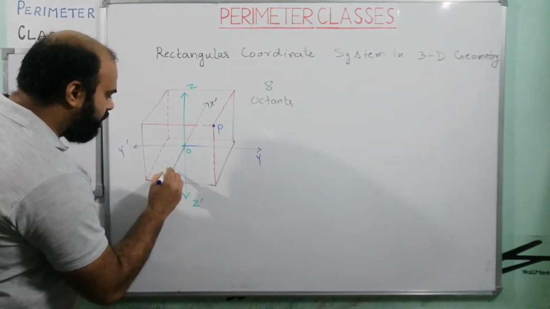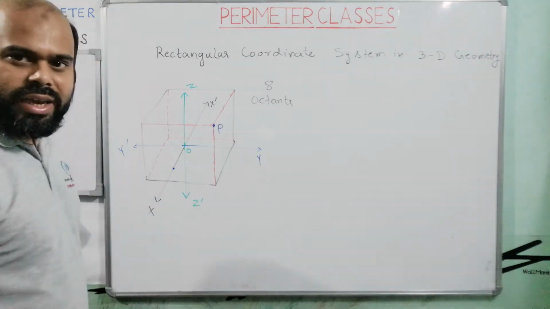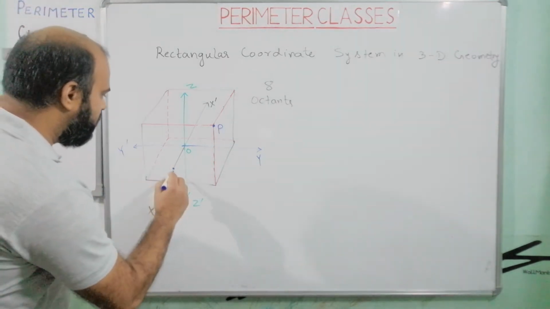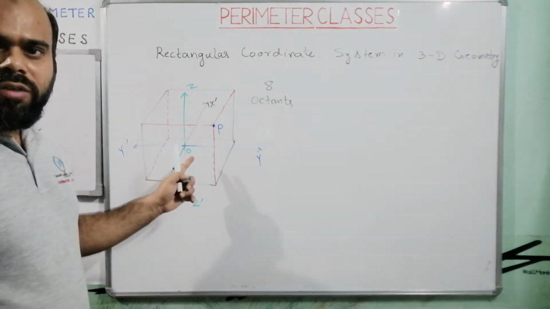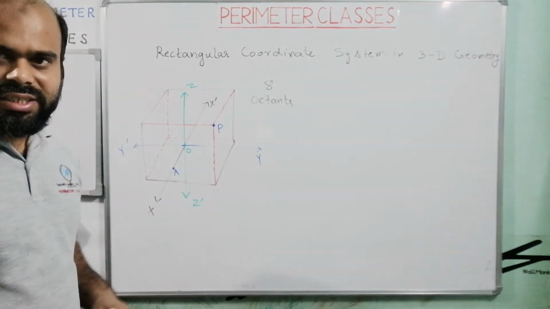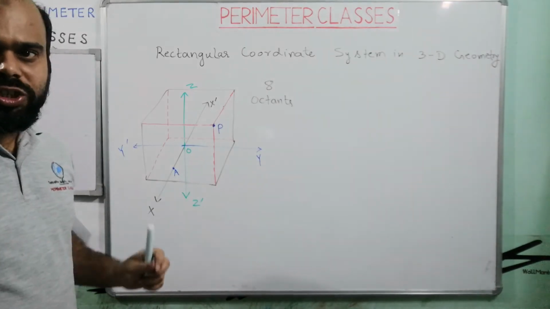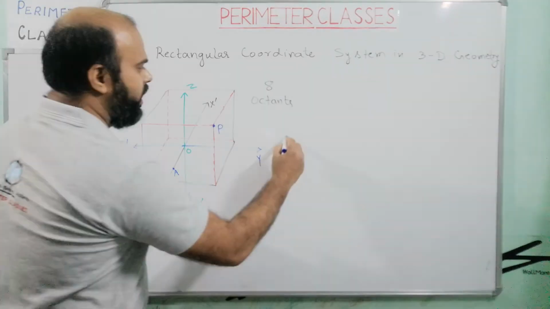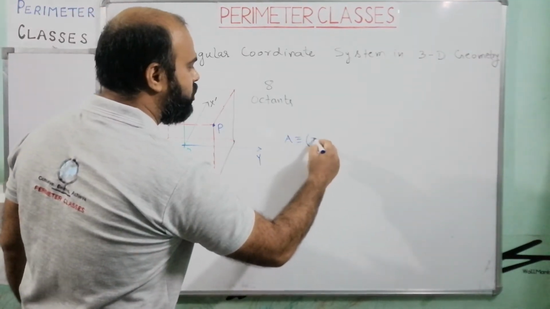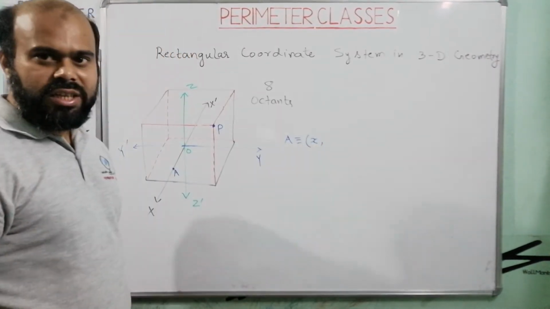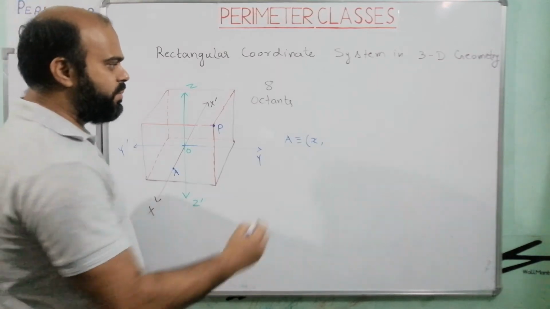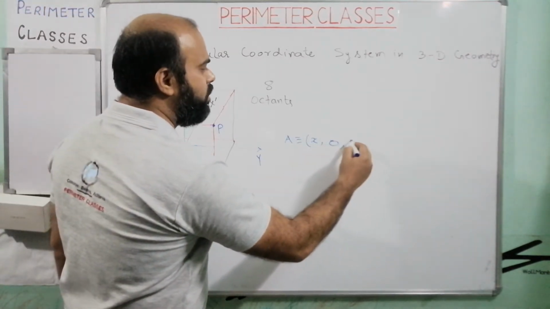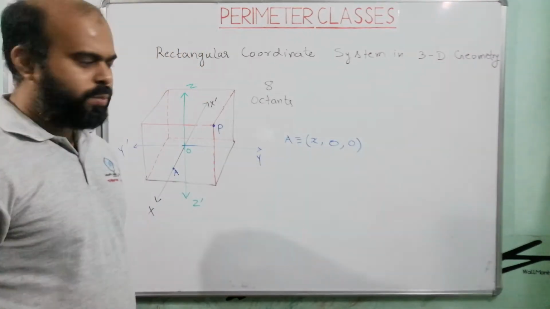Just see, if I take a point here which is on the x-axis, this point A, and you drop a perpendicular upon the y-axis or z-axis, it will intersect at origin. So this point A will have some x coordinate, that is its algebraic distance from origin on the x-axis, but the y and z coordinates will be 0.